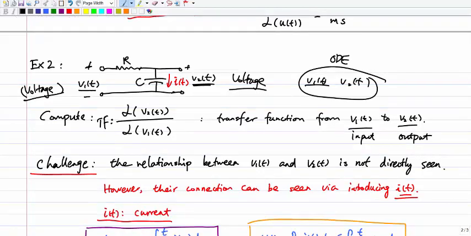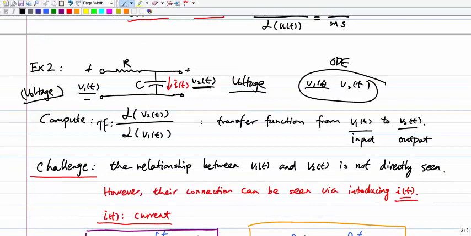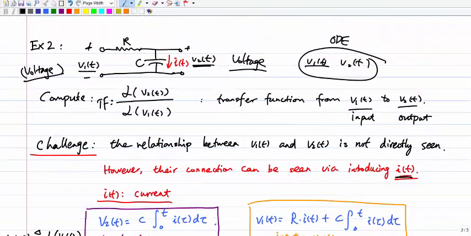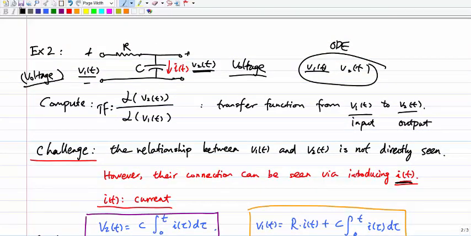The relation can be seen by introducing an extra variable called current. The current goes through the resistor and the capacitor. Let's assume that current is I(t).